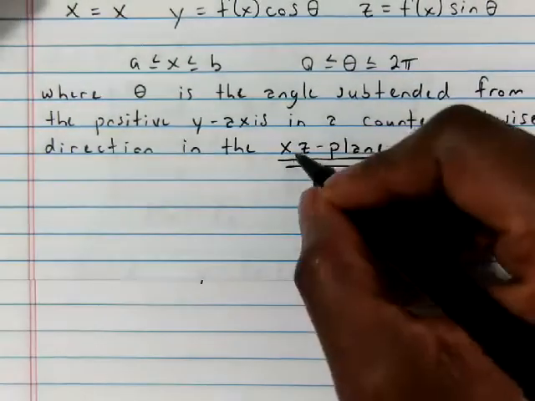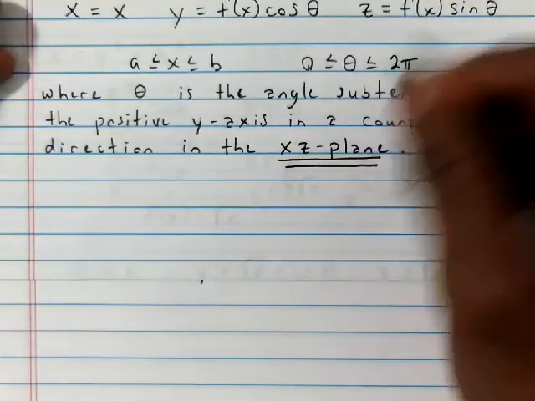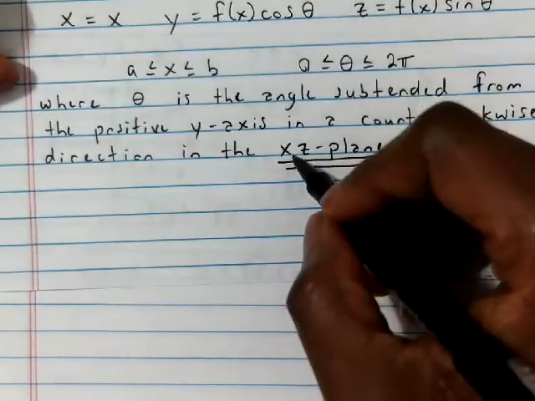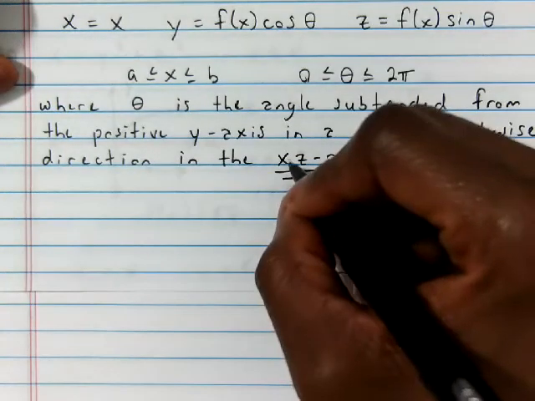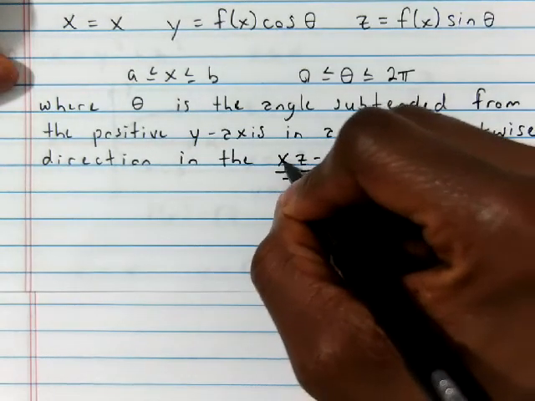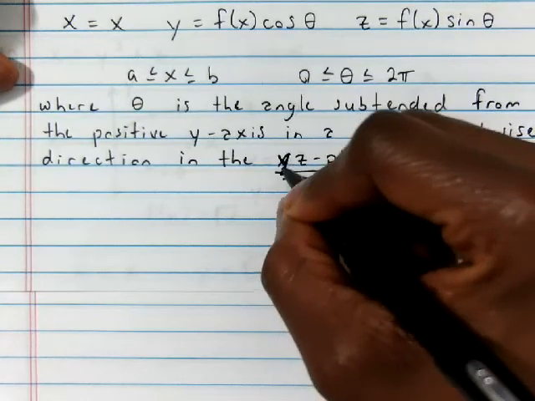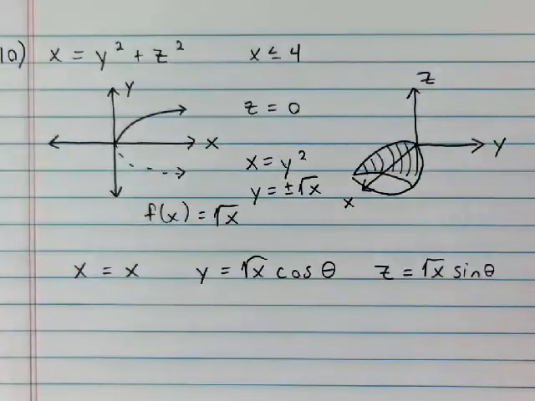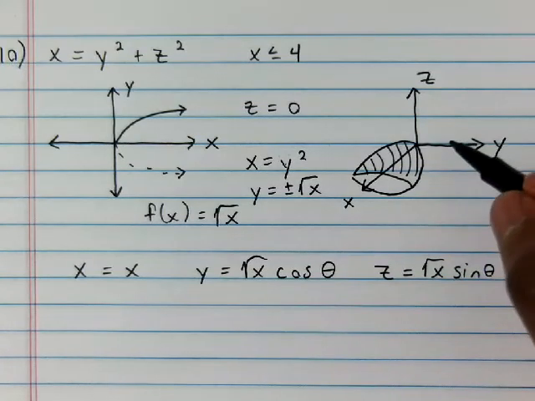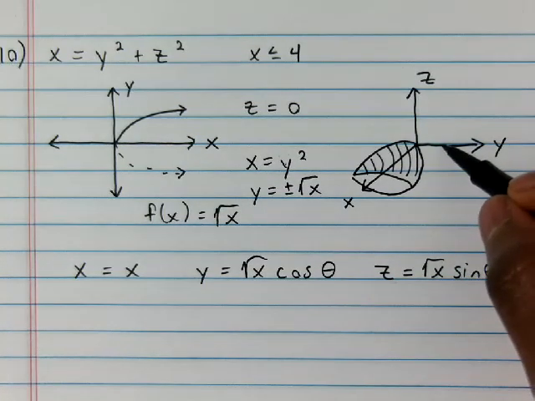It is the YZ plane, not the XZ plane. Of course, we can't go around the y-axis in the YZ plane because the y-axis is not in the YZ plane. So fix that, please. That's the YZ plane. So now that's fixed. Theta is the angle subtended from the positive y-axis in the YZ plane.